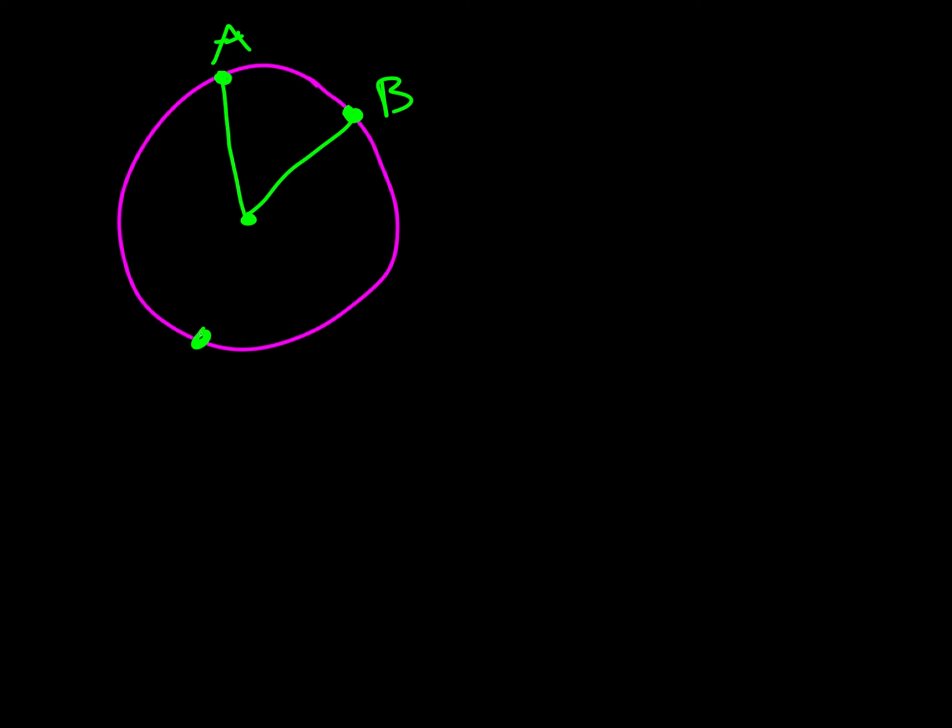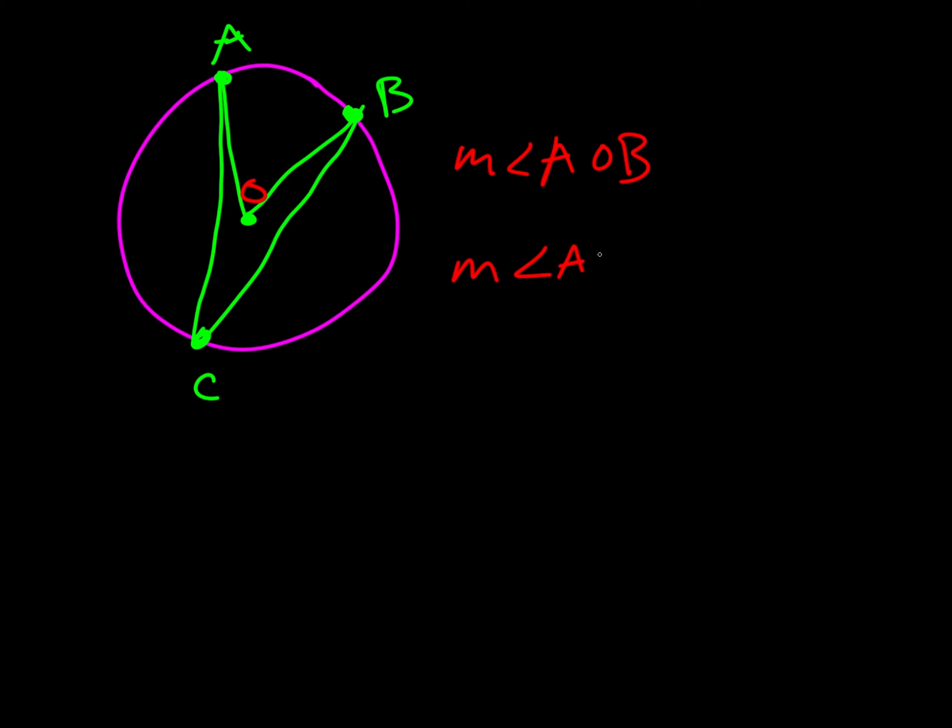And if we pick any point C, and then we also connect that, we're looking at the measure of angle AOB, we'll call this O, and the measurement of angle ACB.